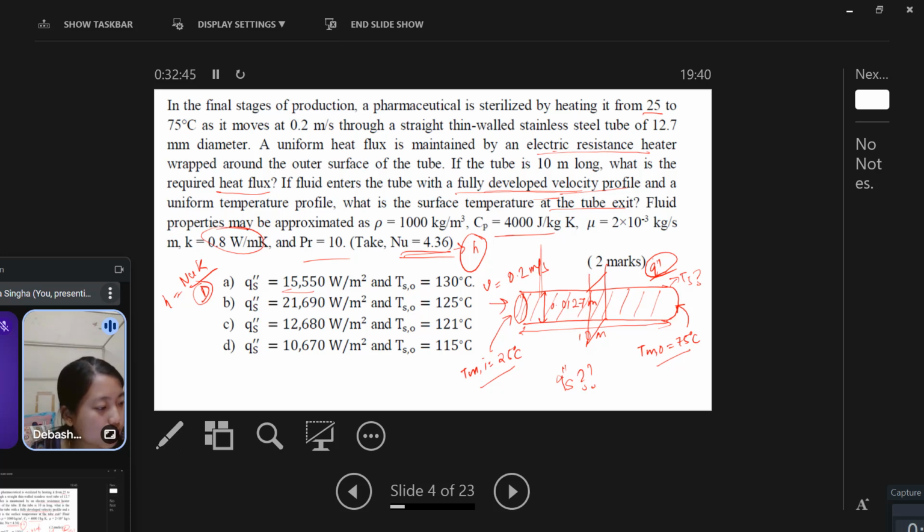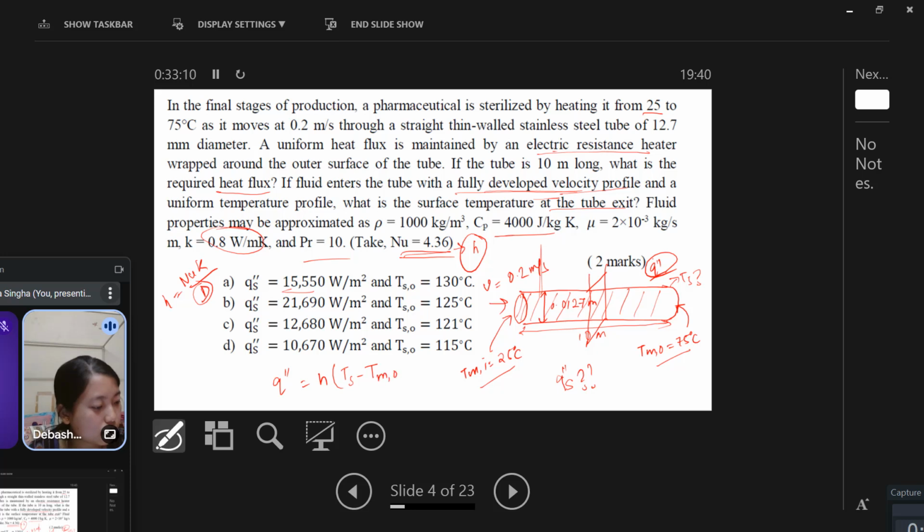Then after you find out h, you can substitute q double dash is equal to h into delta T, that is Ts minus Tm at the end, right?